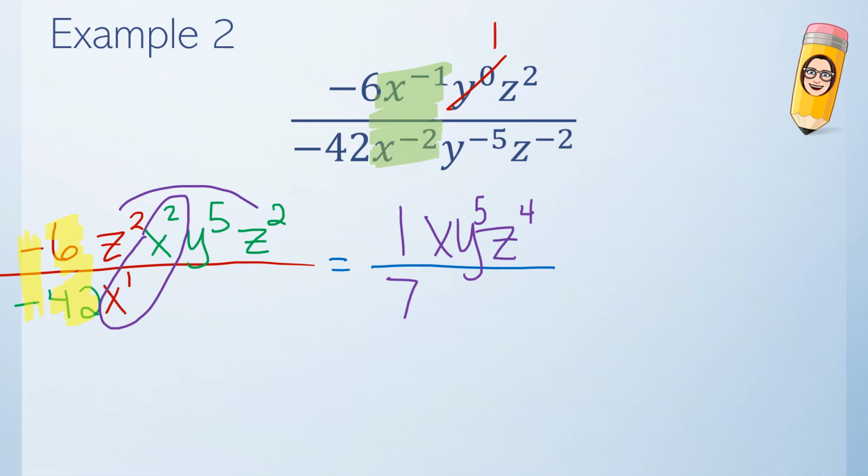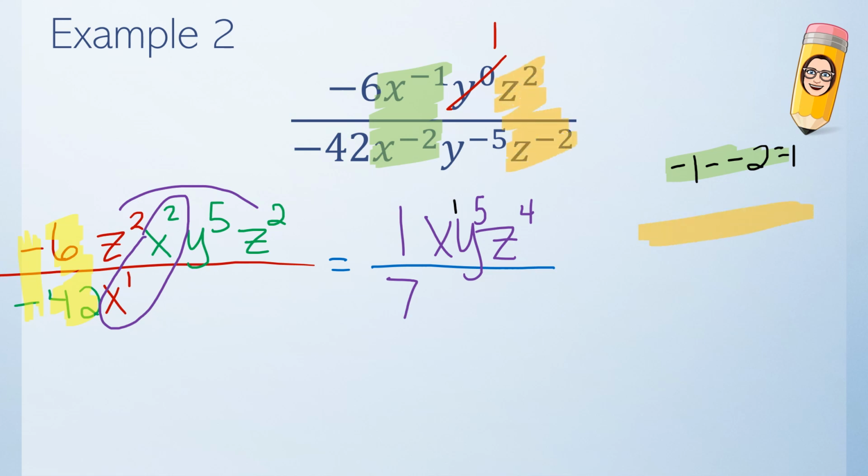Negative 1 is larger, right? And so if I think of those rules for a second, negative 1 subtract negative 2 is 1. That's how I got x to the first. All right? And then if I take a look at z's, you don't have to move the negative.